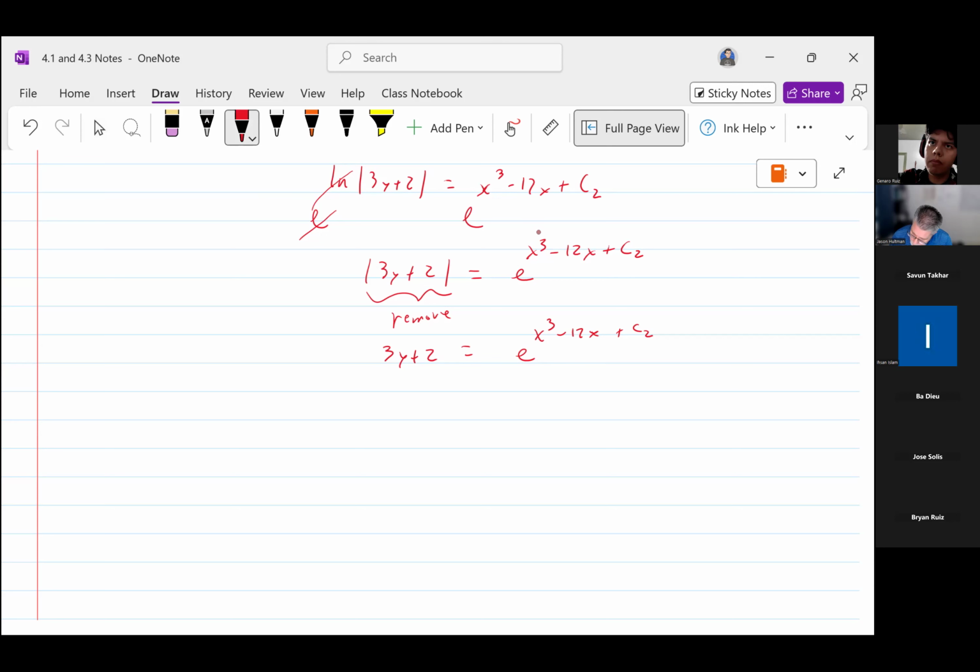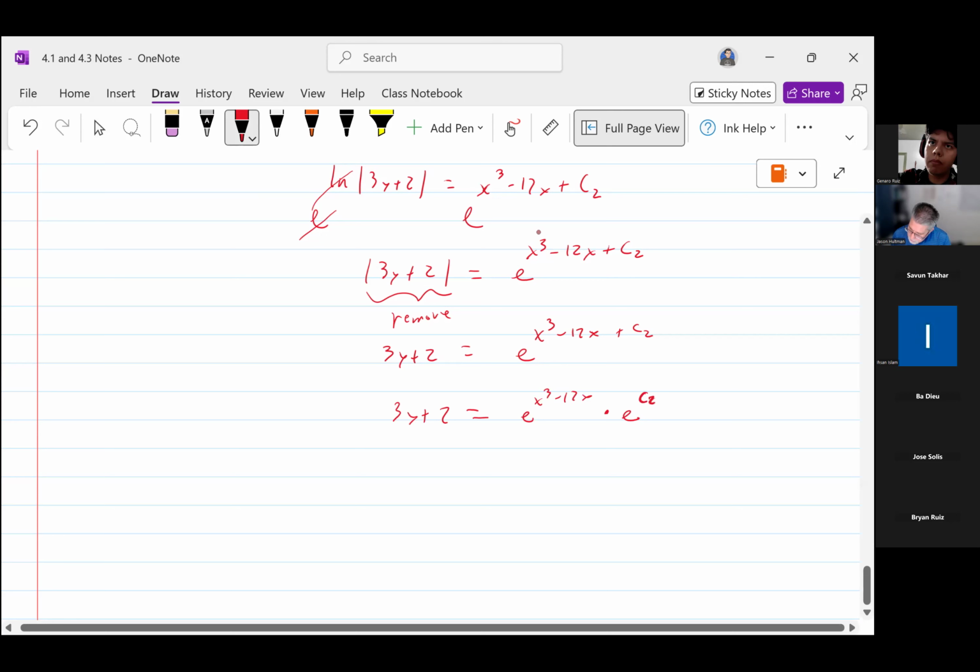So would you agree that e to the x cubed minus 12x times e to the c2 is the same thing as what I have above, where I'm adding c2, right? When I have a common base, don't I just add the exponents together when I multiply? So what I'm going to call this guy, e to the c2, is I'm going to call him C3.